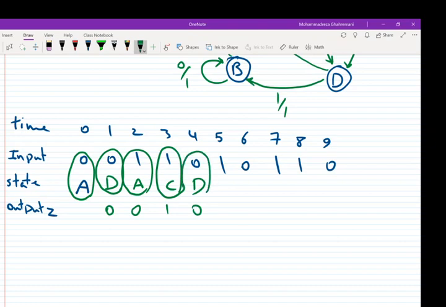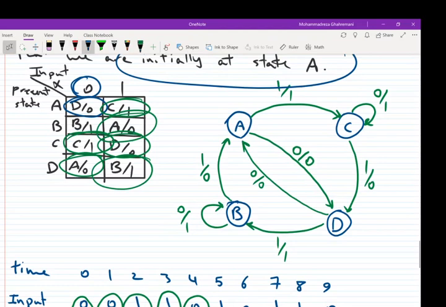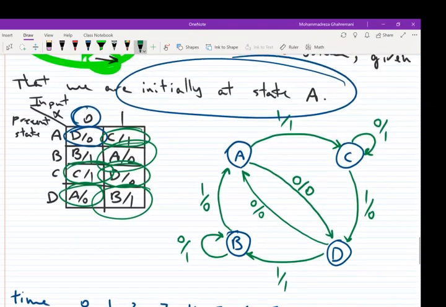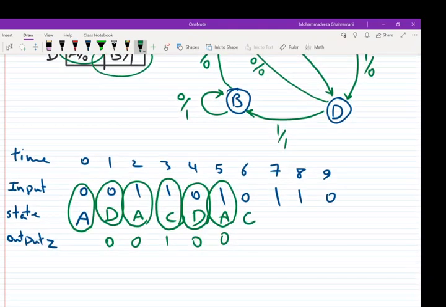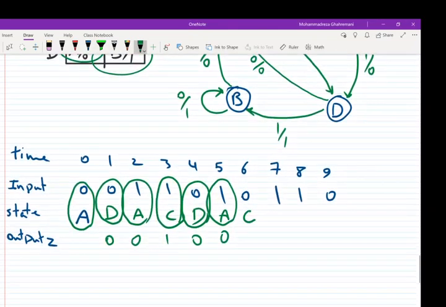The system is in state D and the input is 0. The system moves to state A and the output is 0. The system is in state A and the input is 1. The state changes to C and the output is 1.